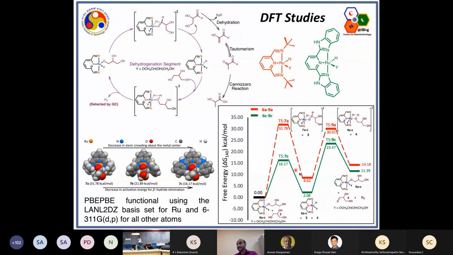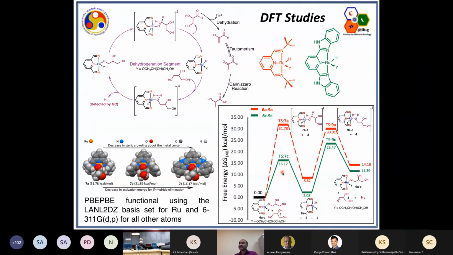And the other thing is, the formation of glyceraldehyde is more exothermic, so it sort of siphons out the glyceraldehyde in this step. And since this is an open vessel, the loss of hydrogen is more favorable here. Though this is a relatively uphill process, since it is an open vessel reaction, hydrogen is easily lost and it gives the product.